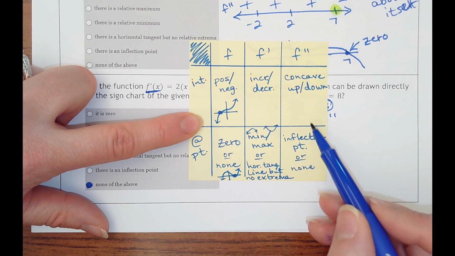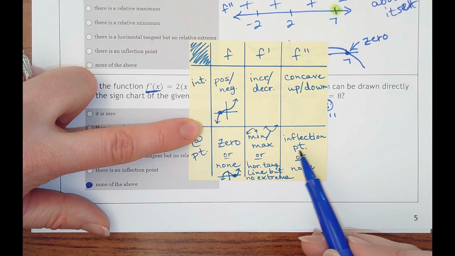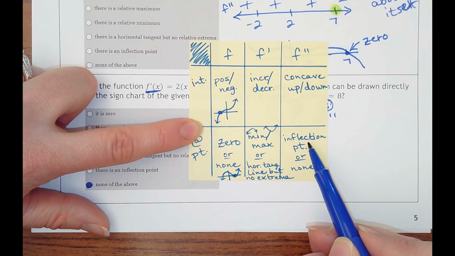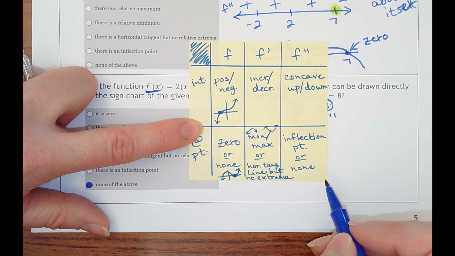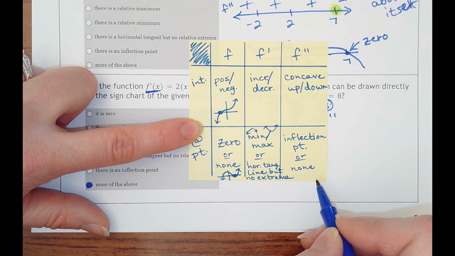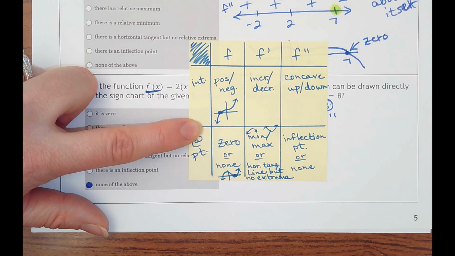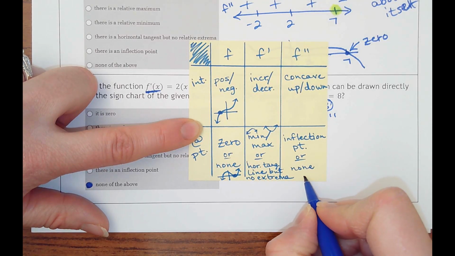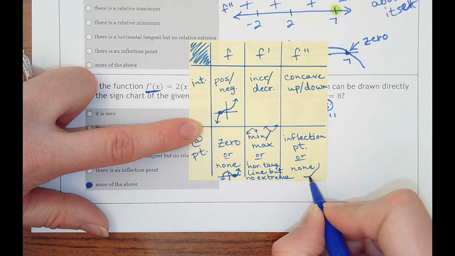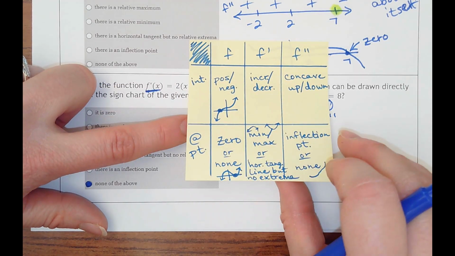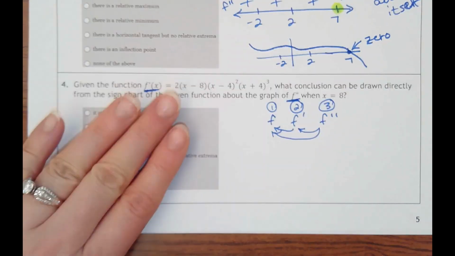If we do our sign chart and there's a sign change at that point, that means that's an inflection point, or it could be nothing. We could do a sign chart and there's no change, both positive. It means it's concave up and concave up, but it's not a point of inflection. It's one of those where it goes like boop, boop. My drawing's not very good. Hopefully that helps a little bit.